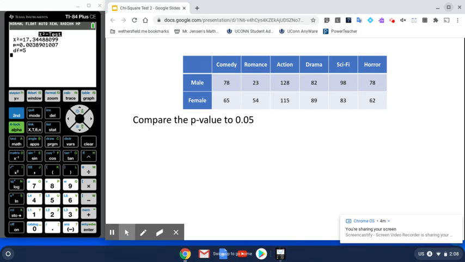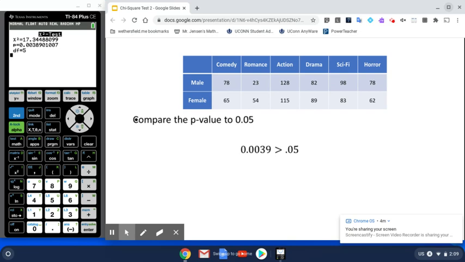Okay. Now, what this means is, what is the probability? What is the likelihood, or quote unquote, what are the chances that I got numbers that look like this if there's no relationship? Okay. So, in other words, the probability needs to be less than 0.05. There needs to be less than a 5% chance of getting these results if, in fact, there's no relationship.